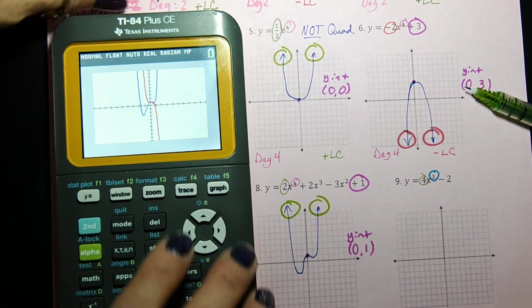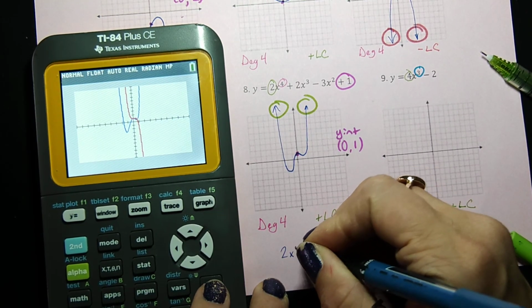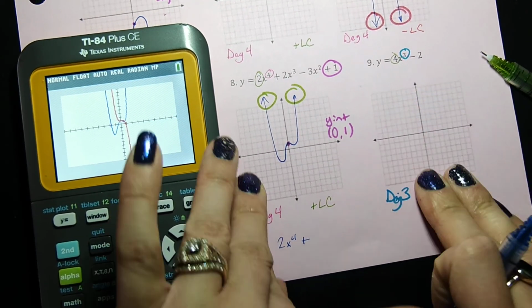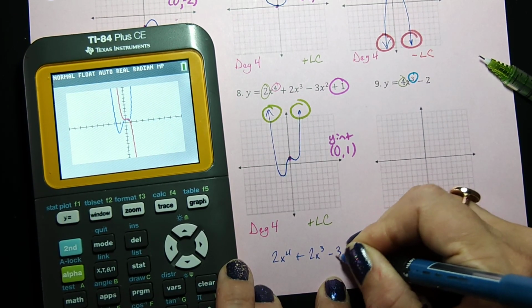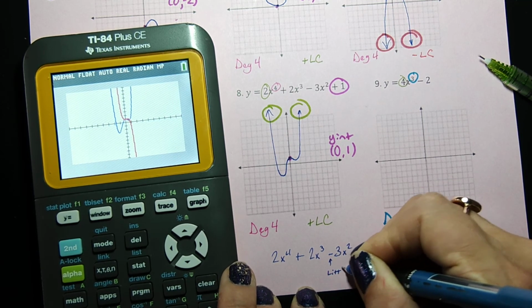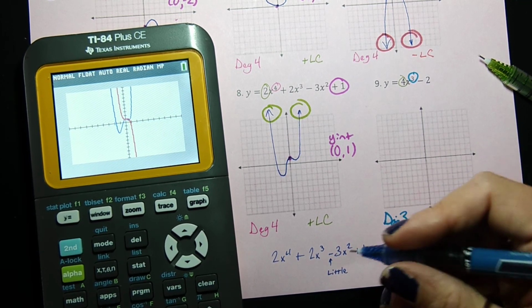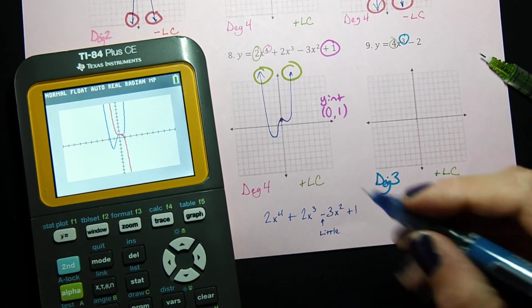I'm going to show you how your calculator would interpret this. So if I do 2x to the 4th plus 2x cubed, and then the little negative 3x squared plus 1, your calculator's like, oh, you're not subtracting 3x squared.